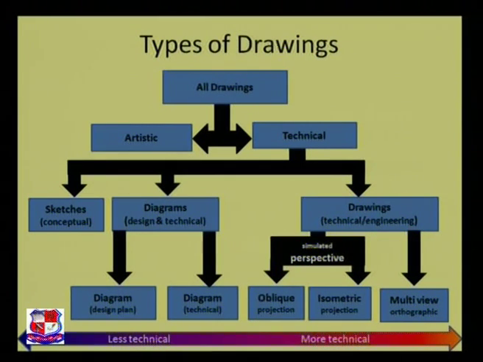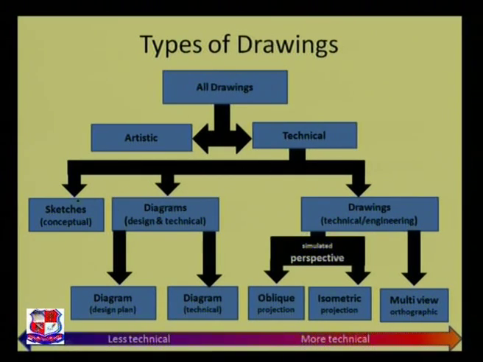So above it is written all drawing, which includes artistic drawing, that is any sort of conceptual drawing, as well as any painting an artist has made. Another one is technical drawing.